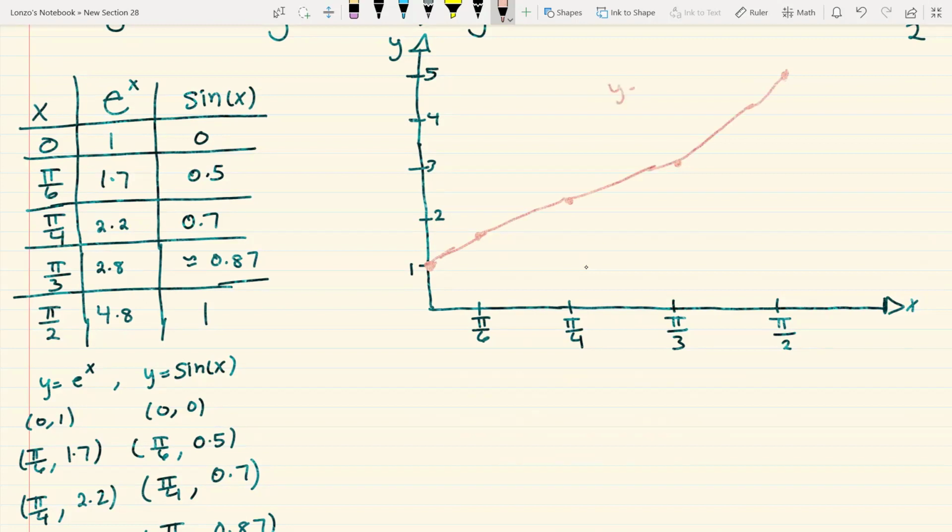So this is y equals e to the x, and then let's graph the other one. Let's graph using, let's see, silver. So the first for the silver will be y equals sine of x. So first point is 0, 0. The next one is 5/6, 0.5. So that would be right here. 5/4, 0.7. 5/3 is 0.8.